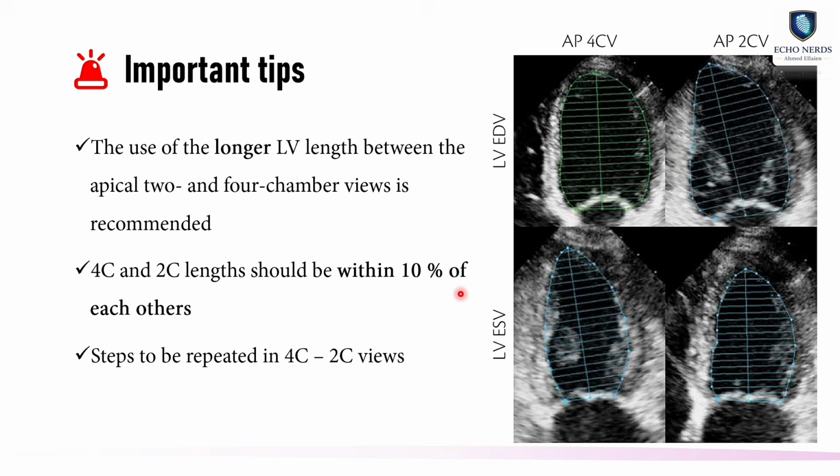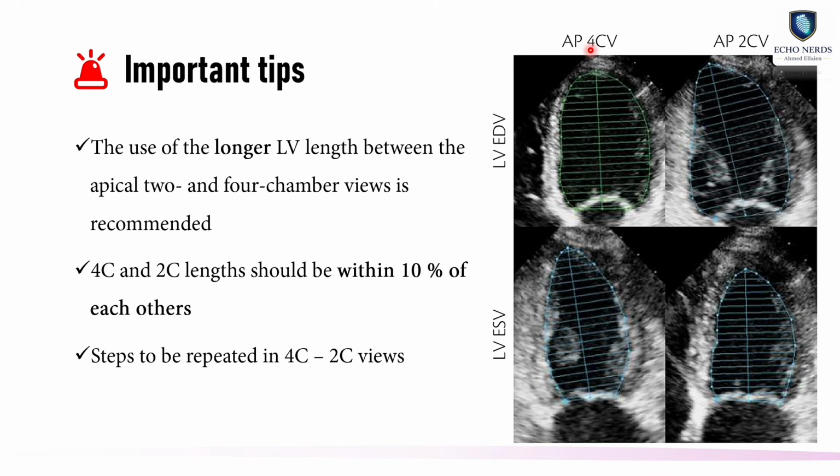Steps are to be repeated in apical four chamber view, like this apical four chamber during diastole and here during systole, and we have to repeat the tracing again in the two chamber view. So this method is called the biplane because we are tracing in the four chamber plane and the two chamber plane, and the machine will take the average measurements after you do those four measures.